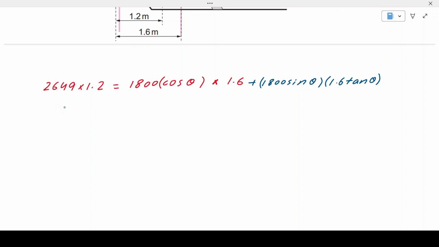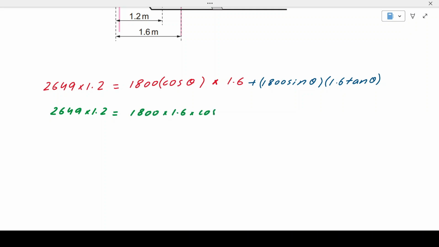So what you get is 2649 times 1.2 equals 1800 times 1.6 times cos theta plus 1800 times 1.6 times sine theta into tan theta, which can be written as sine theta over cos theta.